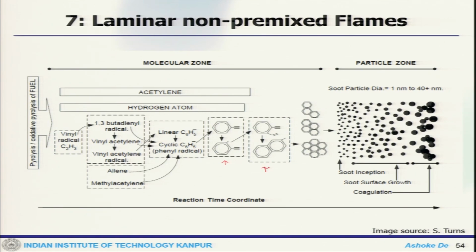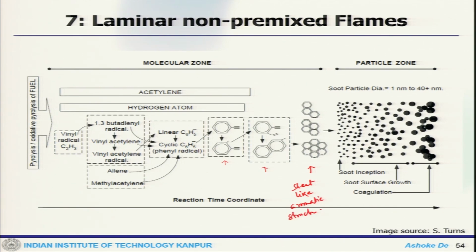So, essentially this is the stage where you can think about the formation of an aromatic structure. Or rather, all these intermediate states finally come to the formation of this sheet-like aromatic structure.